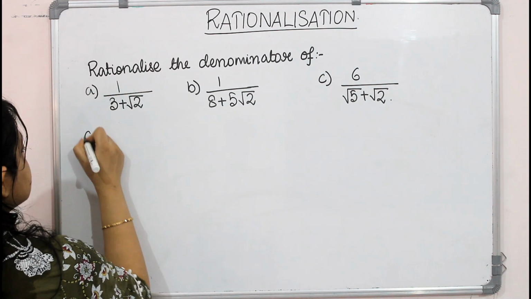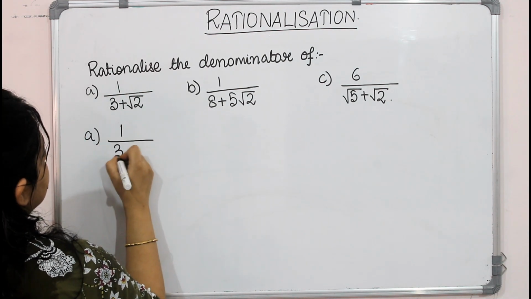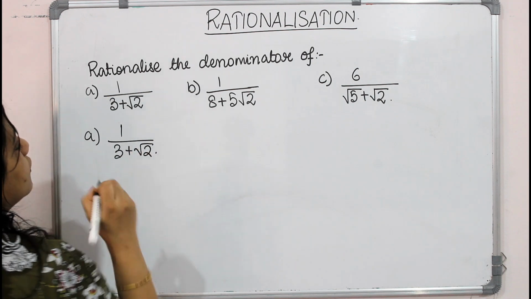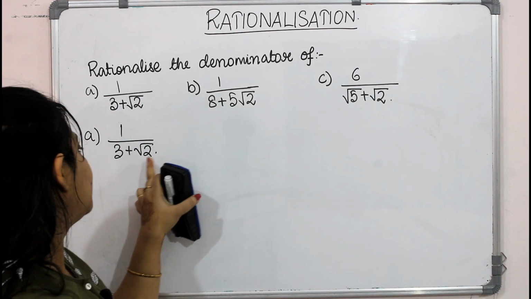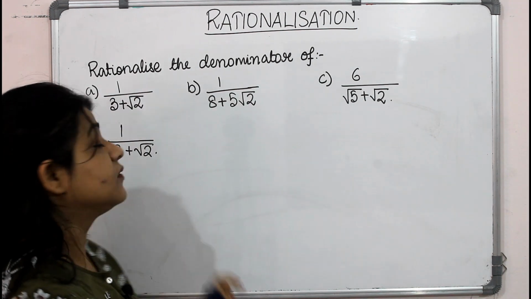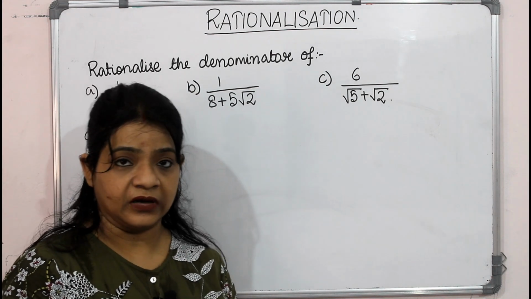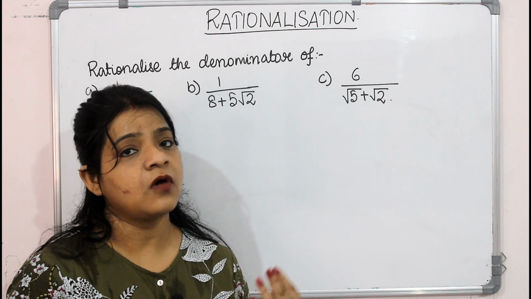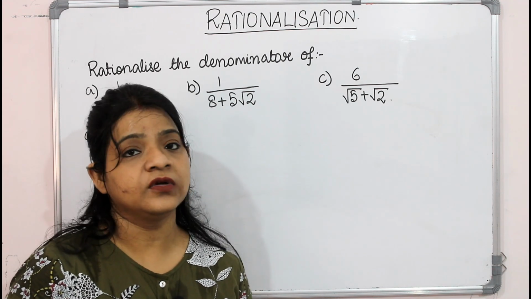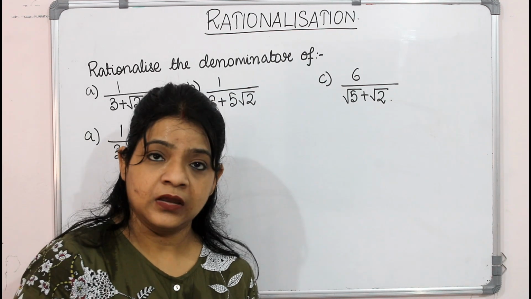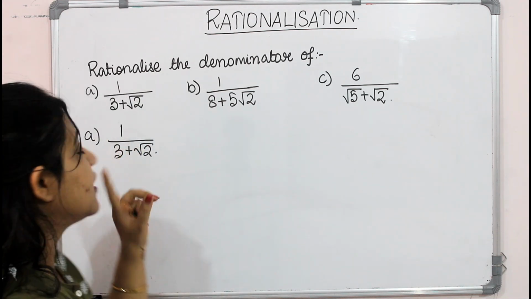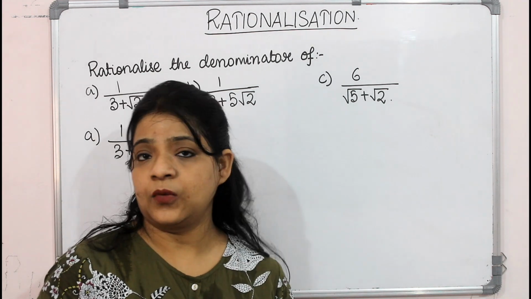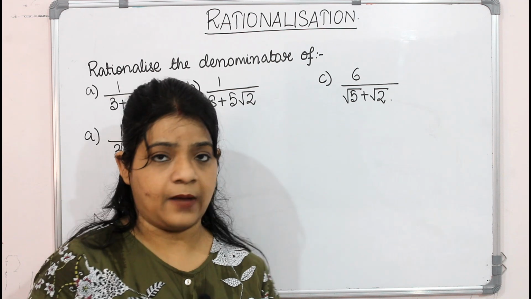Okay, so the first is 1 divided by 3 plus root 2. So 1 is the numerator, 3 plus root 2 is the denominator. Now what type of number is 3 plus root 2? Obviously 3 plus root 2 is an irrational number, isn't it? The sum of a rational number and an irrational number will give you an irrational number.